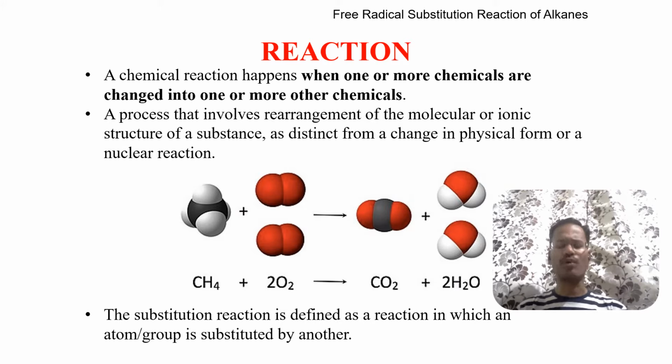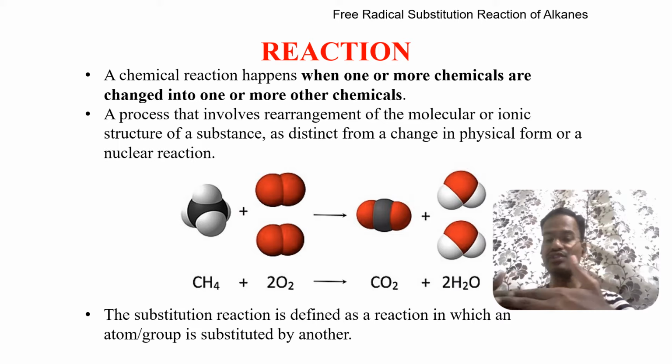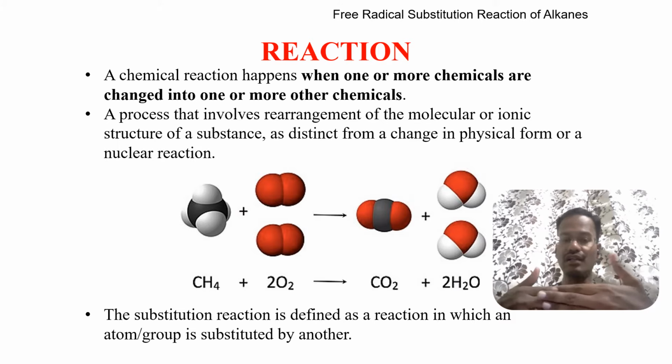A reaction is a process where reactants react with each other and form a final product. This is the exact definition, but as a chemist I am trying to explain another type of reaction definition, that is breakage of existing bonds and formation of new bonds.